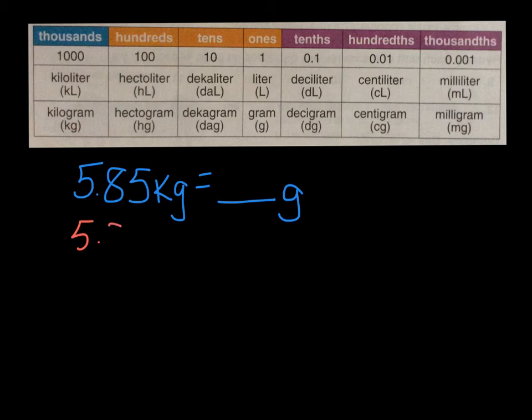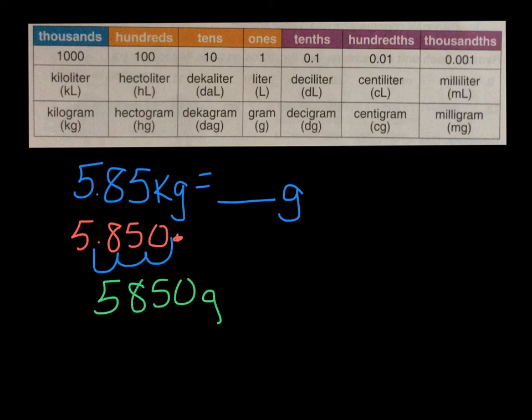So 5.85, and I need to move that 3 places. 1, 2, 3. Fill that in with another 0, and my decimal would now be there. So that's 5,850 grams. All right, I hope that's what you were able to get as well for that one.